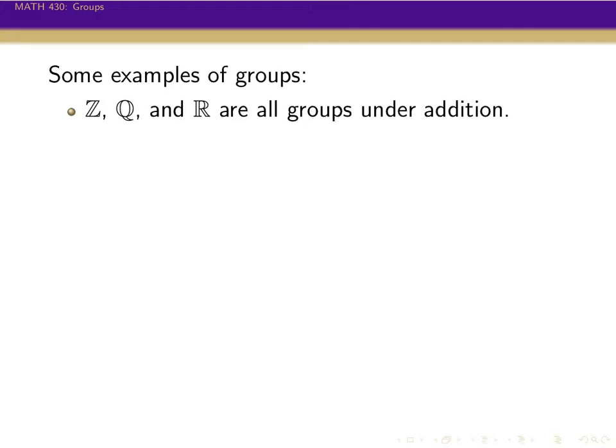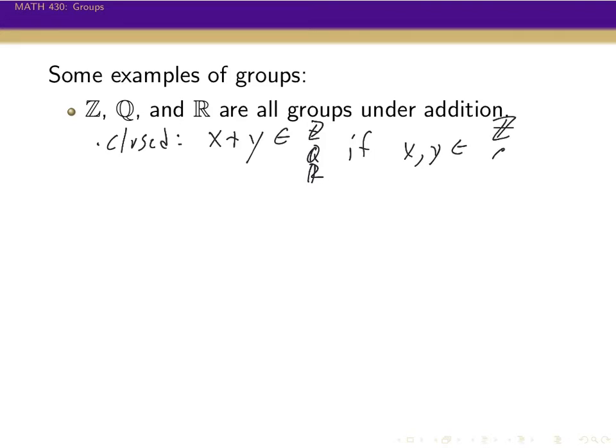So for closure, that's just saying that x plus y is in whichever one of these we're talking about, if x and y are in whatever one of these we're talking about.